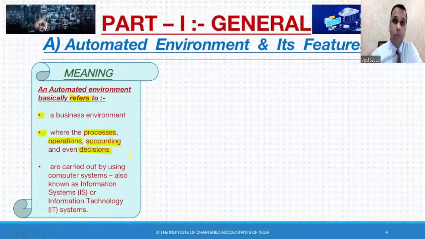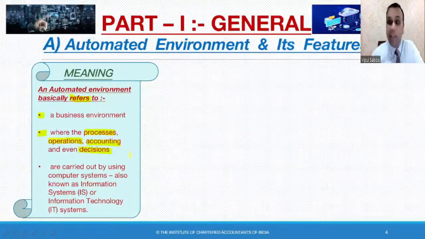Opening of doors and closing of doors. Accounting, punching in the data and getting reports. Decisions. How using different softwares or different mechanisms, or you are using Microsoft Excel, you are using computer softwares to analyze some reports generated from them and take decisions.